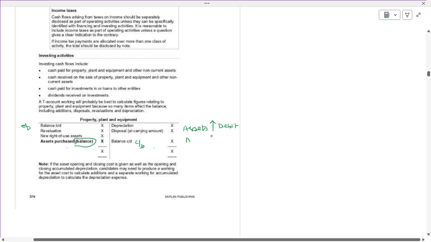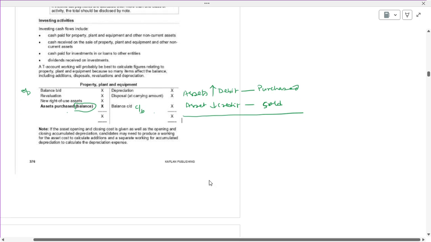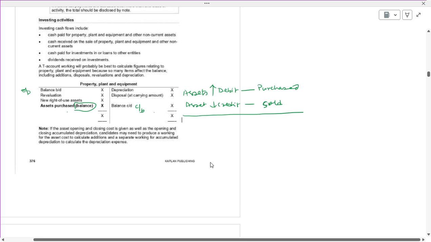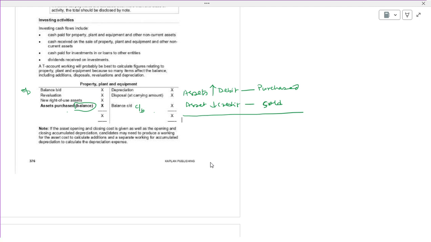If an asset is decreasing, it is credit. Rules are rules; they will never change at all, forever.